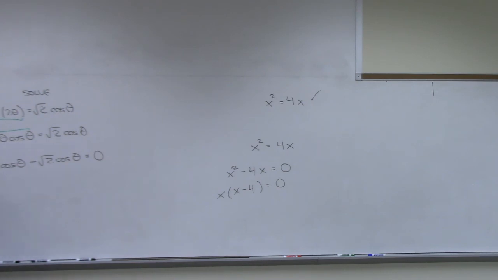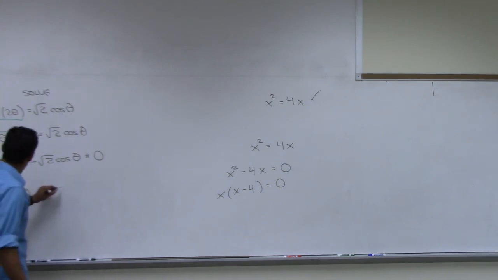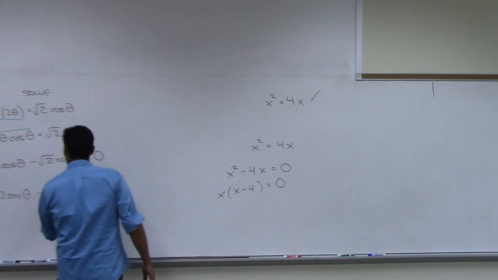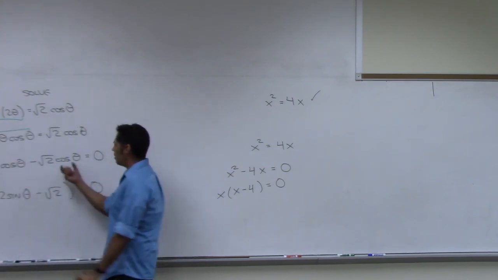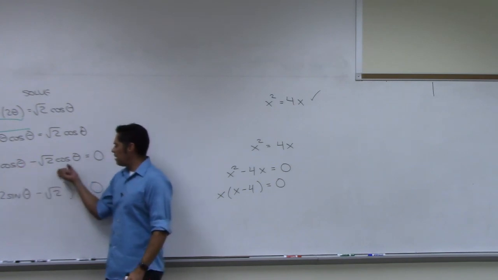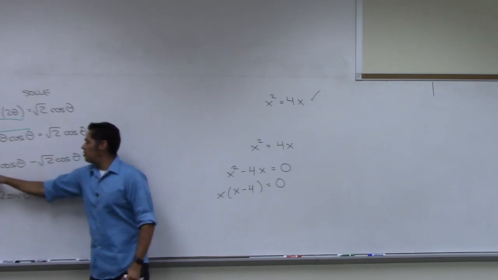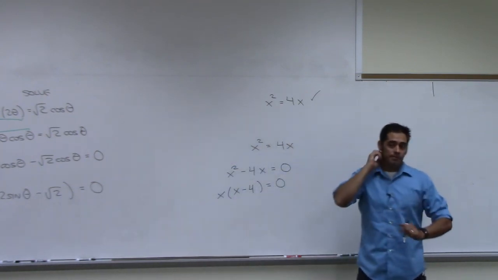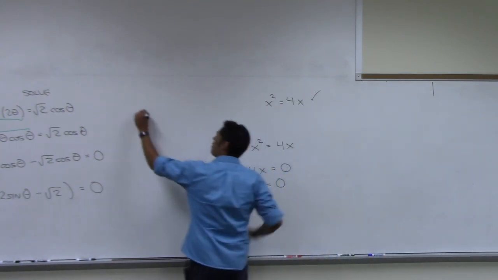So when I pull the cosine theta from here and here, I'm left with 2 sine theta minus root 2. Now I set both of those equal to 0. So cosine theta is 0.